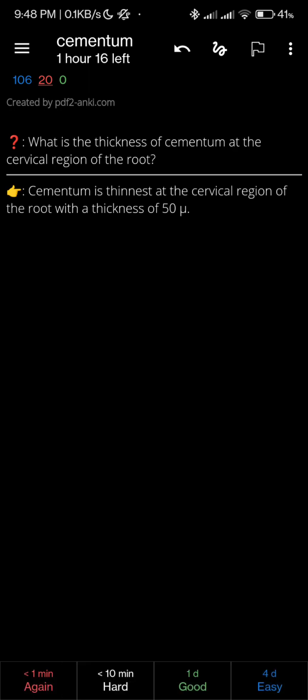Cementum is thinnest in the cervical region, about 50 microns. Cementum has the highest fluoride content of any mineralized structure of the body. It is 45 to 55% inorganic, 50 to 55% organic, and water.